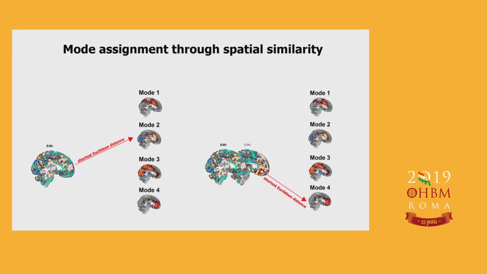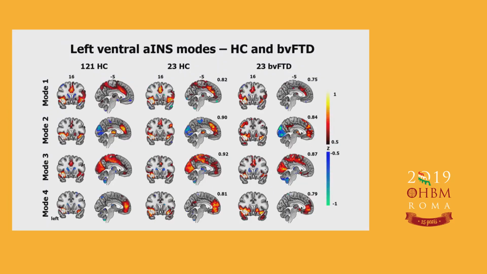And anyway, so we proceeded then in the smaller sample of controls and patients, where the time-varying connectivity maps that were generated for these samples were assigned to one of these four modes based on the spatial similarity, which here was assessed through Euclidean distance.